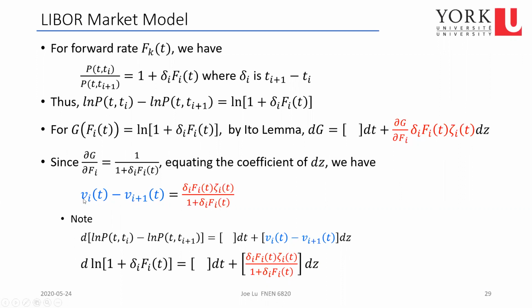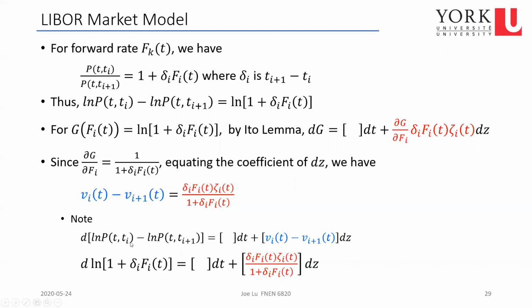It's actually equal to the difference of the volatility functions for two different zero coupon bond processes. Why? Because if you look at the difference of the log prices, that process will have some drift term plus a term that is the difference between the two volatility functions, one for each process.